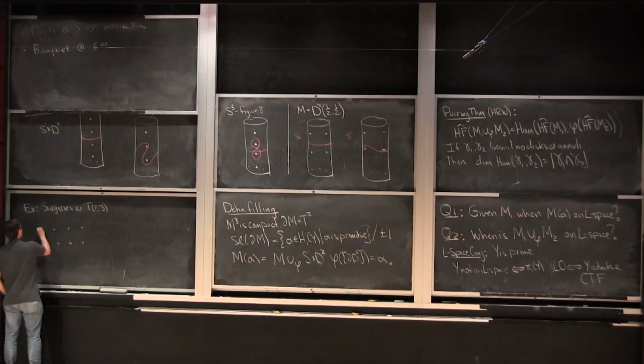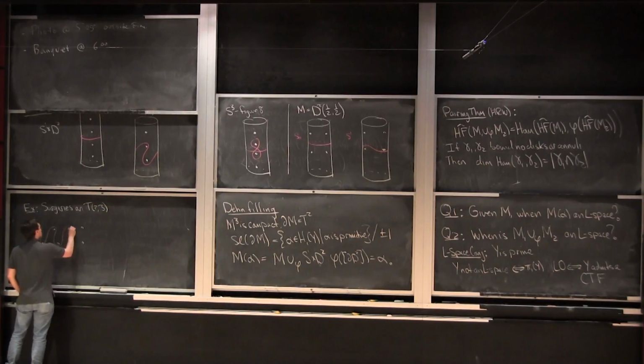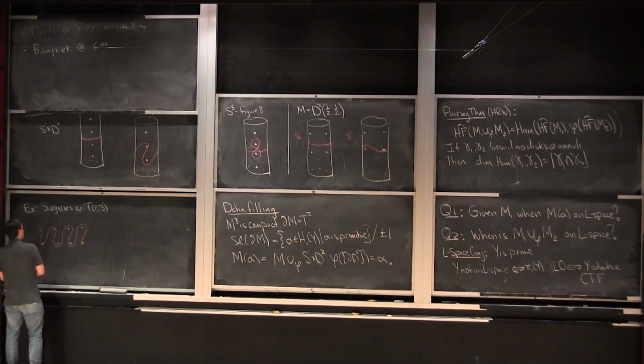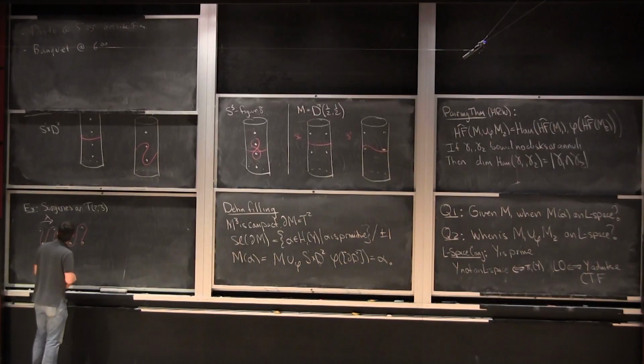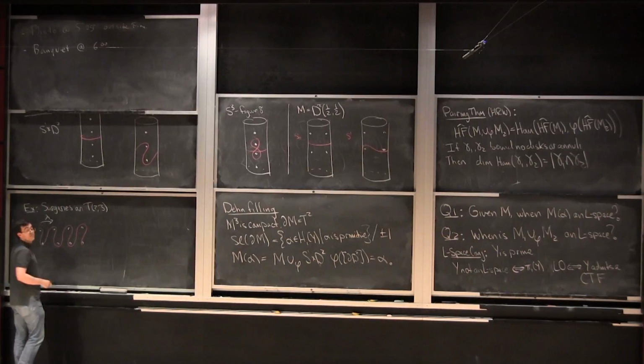When I do that, I get a curve that looks like this. And the picture, well, it came from unrolling that cylinder, so it's invariant under translation by lambda. On the other hand, I know that the invariant of S1 times D2, if I unroll that into the plane, is just a straight line.